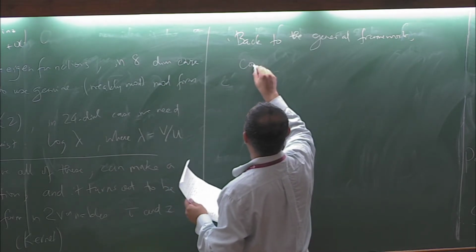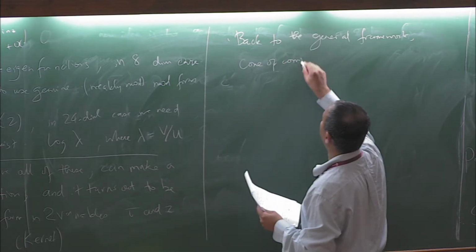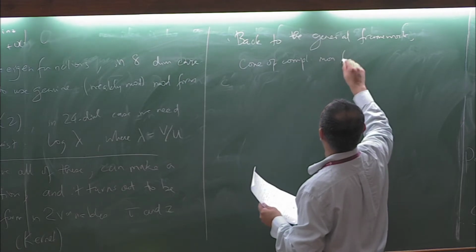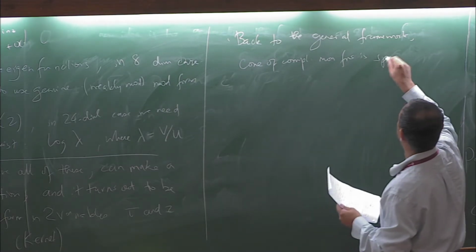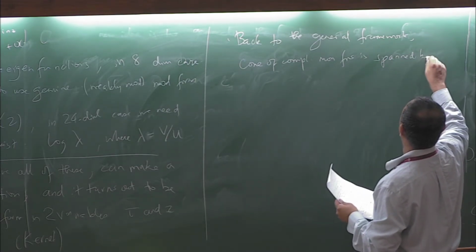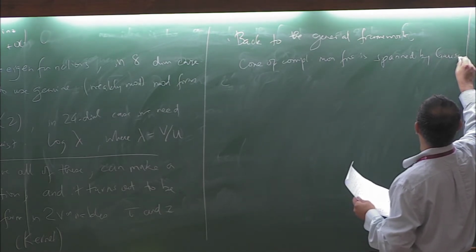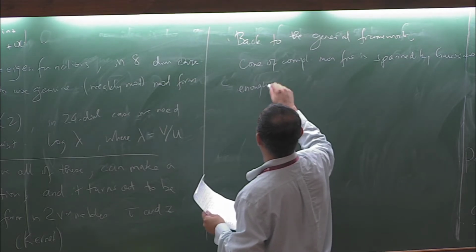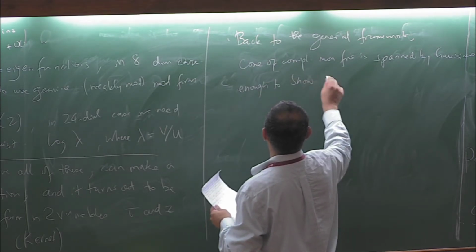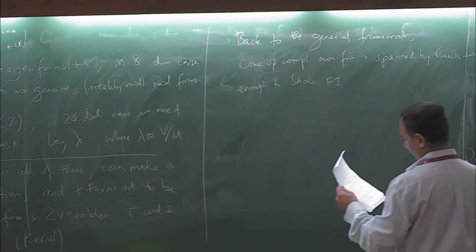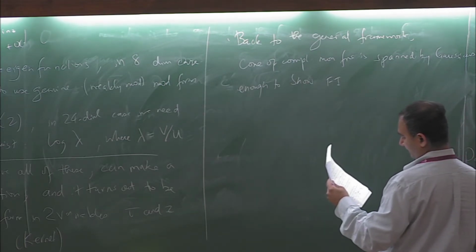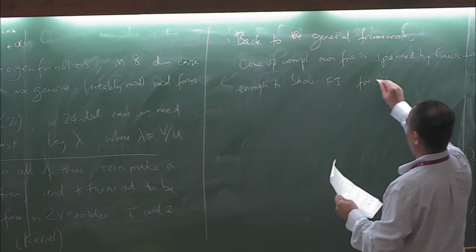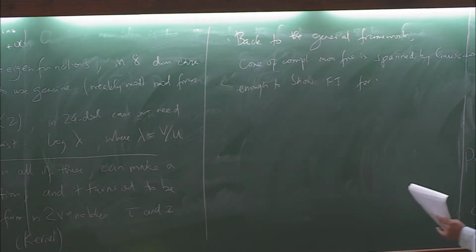Remember that the cone of completely monotonic functions is spanned by the Gaussians. So it's enough to show the Fourier interpolation formula for, well, actually, this is a little stronger.